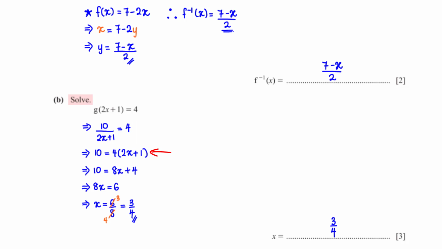When we expand the brackets, 4 times 2x is 8x, and 4 times 1 is 4. When we group like terms, this is what we have. When we divide both sides by 8, we get x equals 6 over 8. 2 goes into 6 3 times, and 2 goes into 8 4 times. And so our final answer here is 3 over 4.